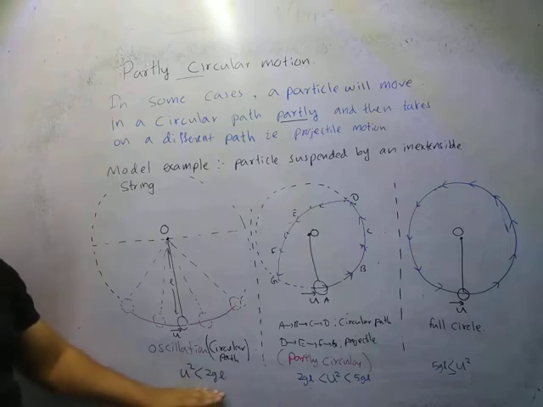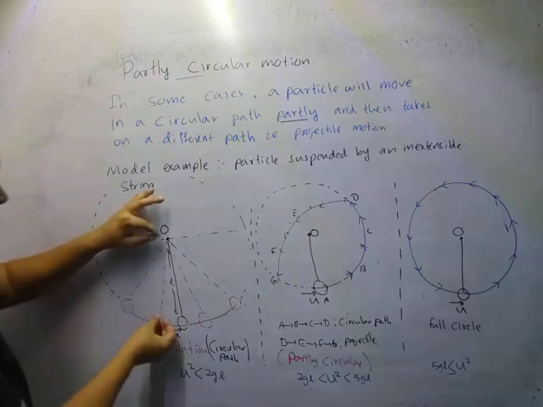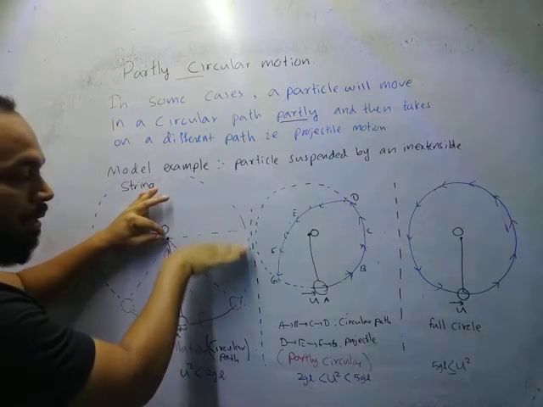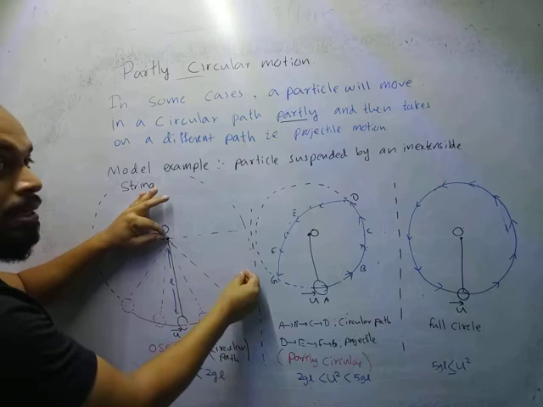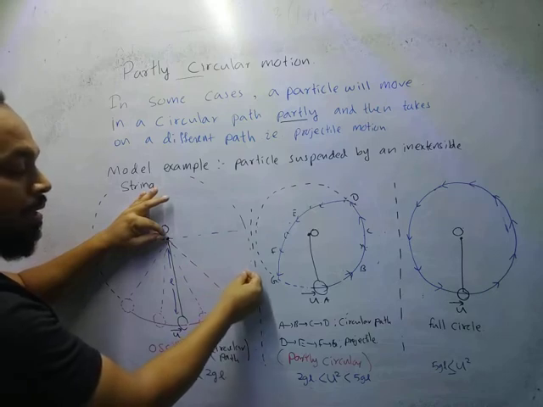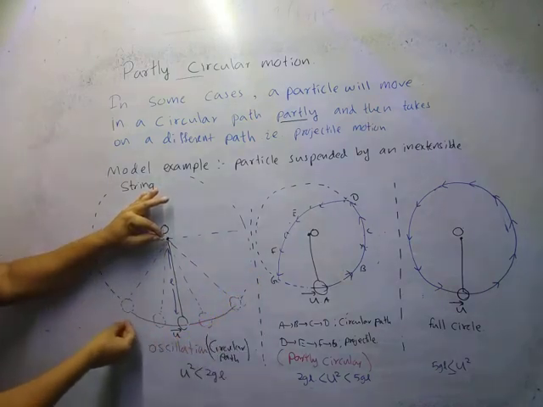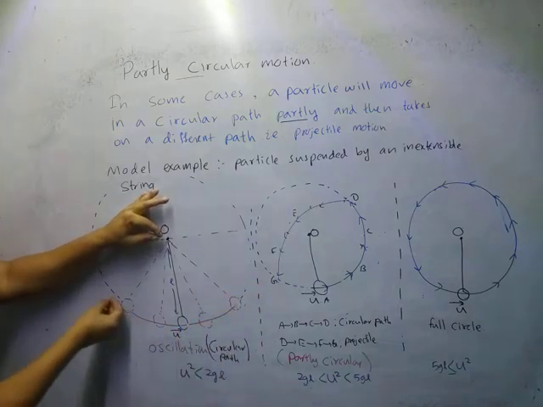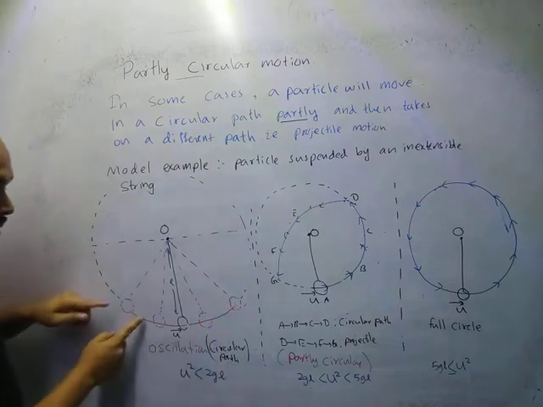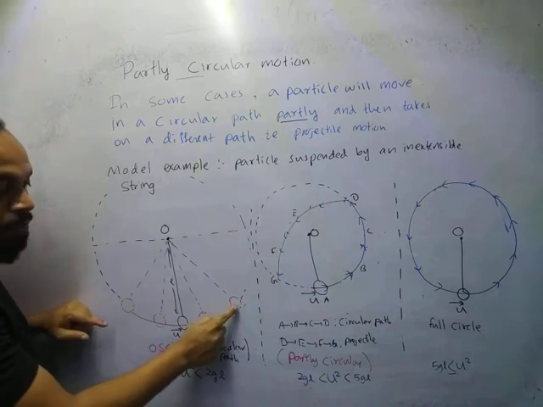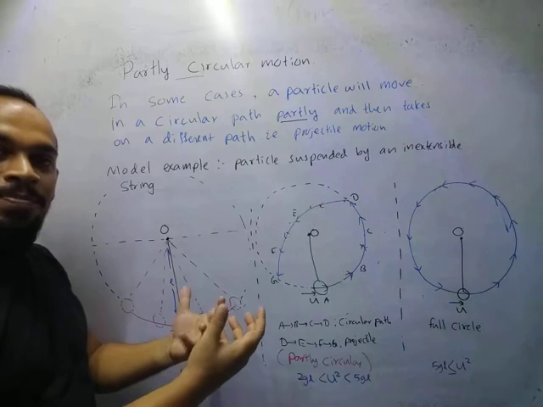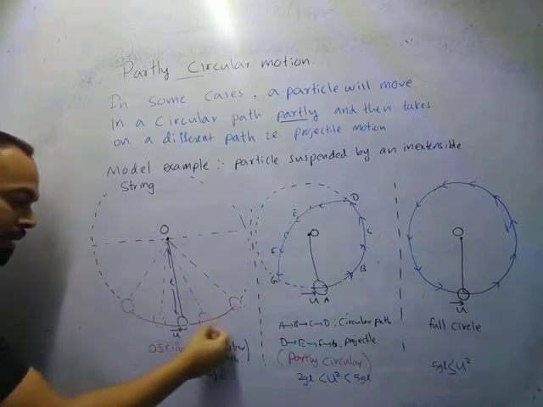If this is the case, the particle will move up to a certain extent, but it will stay below this level. Then it will come back and stick to the circular path. What will happen is it will oscillate. You can see it will rise up to this point and lose its kinetic energy, then move back along the circular path.